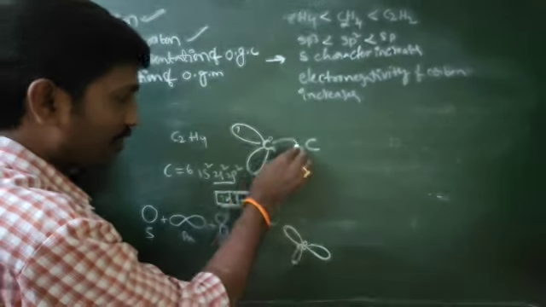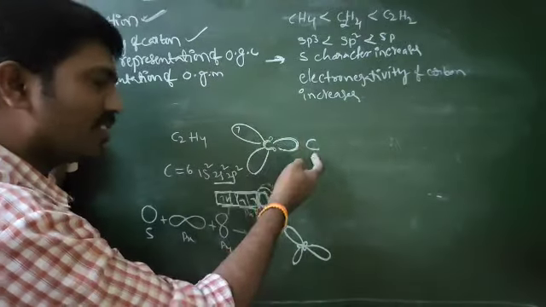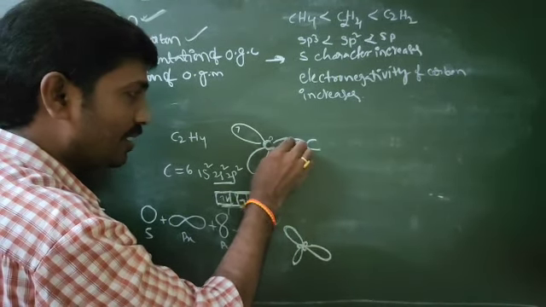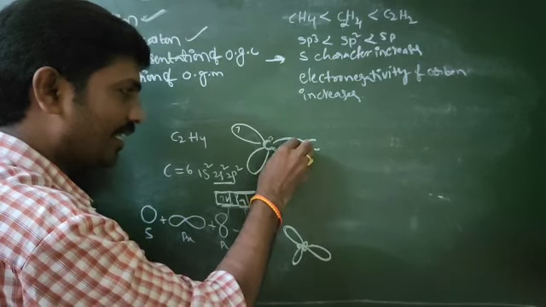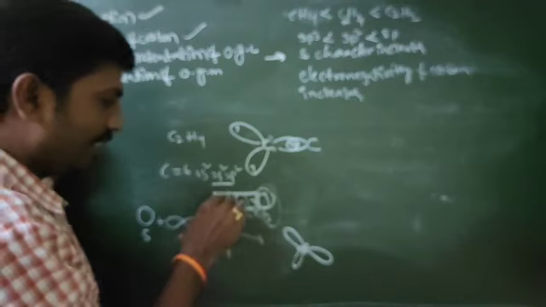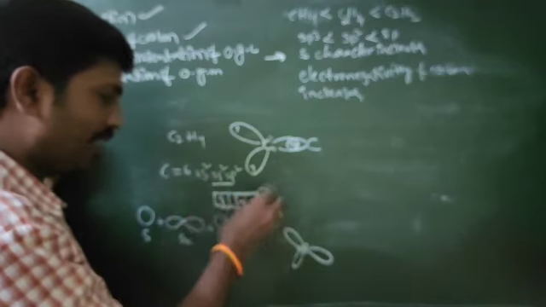Next, this side also 1 loop is there. The same for this carbon, 1 loop on this side. So the first carbon has 1 electron in each of the 3, and the second carbon also. Here I said 1, 2, 3, and the fourth electron from the s orbital jumps here.